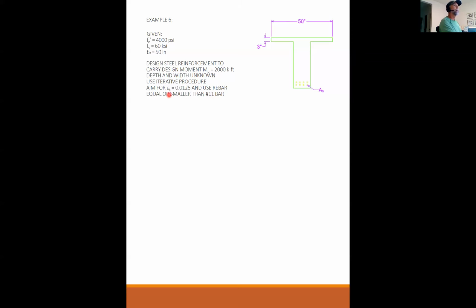So this one is epsilon sub t 0.0125. The next problem could be rho is equal to 0.18 times f prime c over fy. The next one could be epsilon sub t equal to 0.05. So that's for me to tell you in the beginning of the problem statement, kind of to guide the process to what we're looking for. Okay, does that make sense?